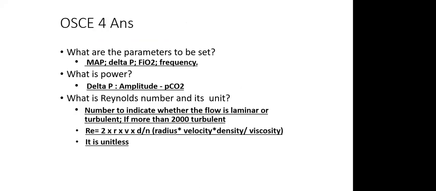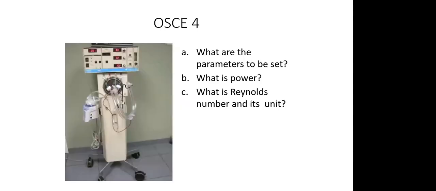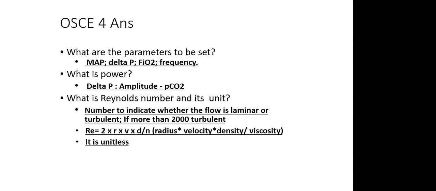Okay, so the parameters to set include MAP, delta P, which is nothing but your amplitude, FiO2 and frequency. The parameters which are set in a high frequency oscillator are very few. This is a SensorMedics for those who are not very familiar with the machine.